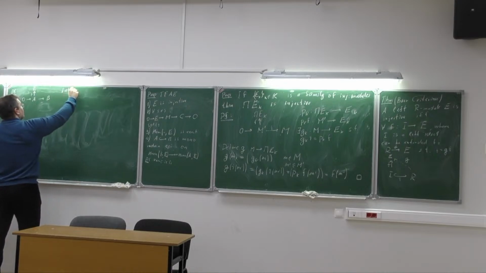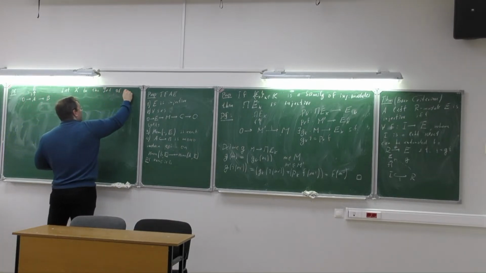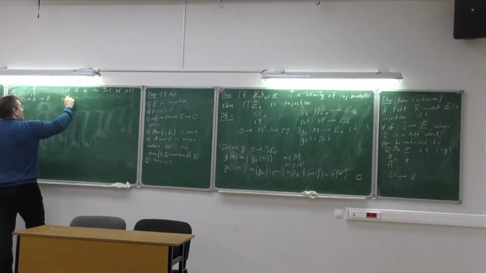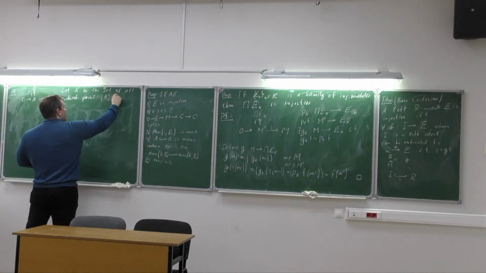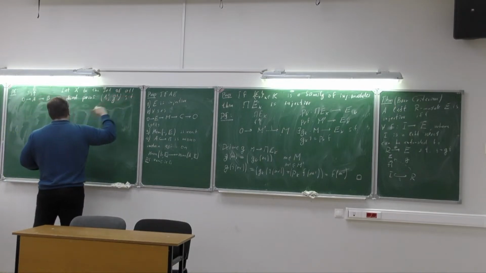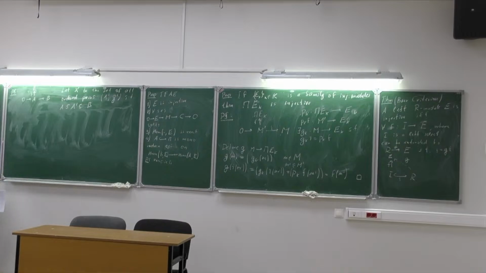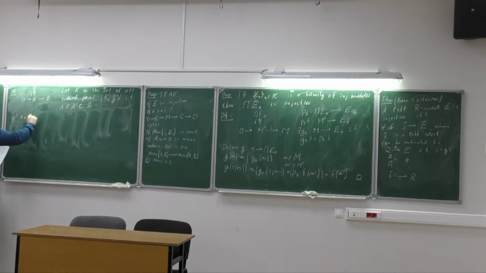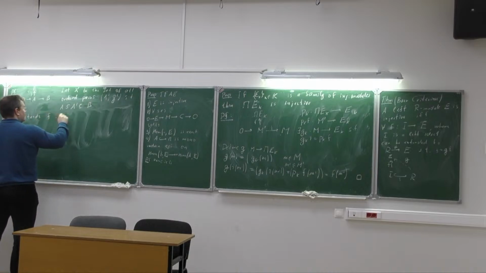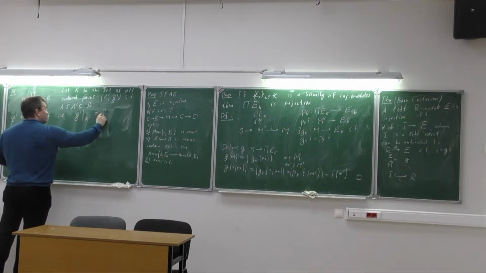So let X be the set of all ordered pairs A prime and G prime, such that A prime is some intermediate module between A and B, and G prime extends F, which means precisely that if I take this G prime and restrict it to the submodule A, I get the map F.